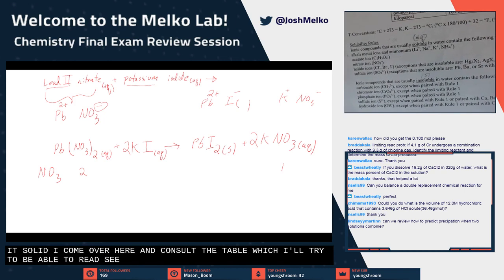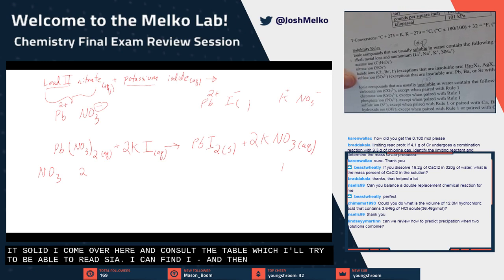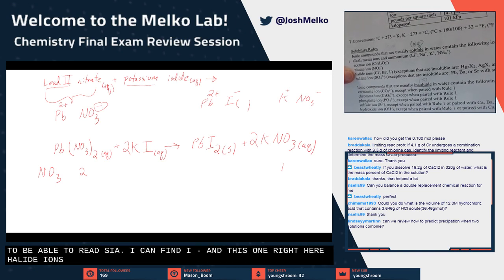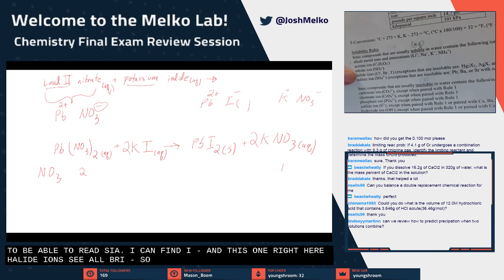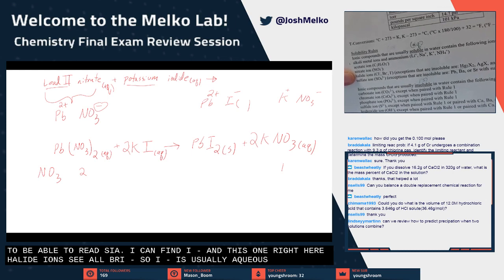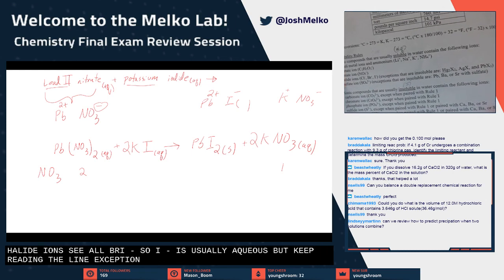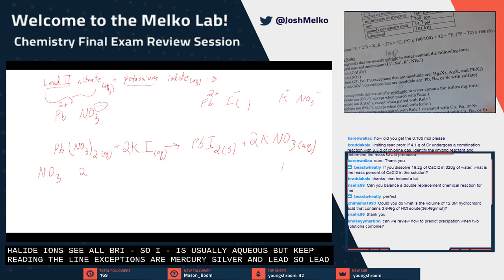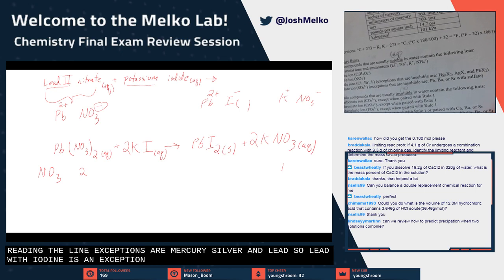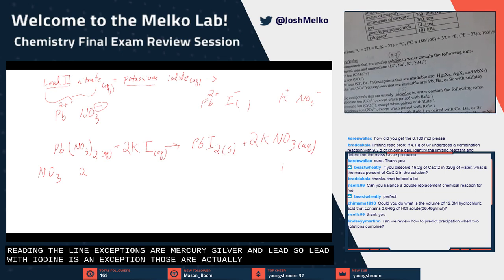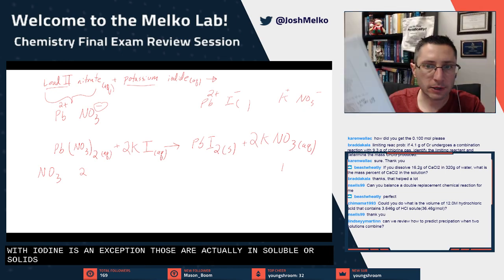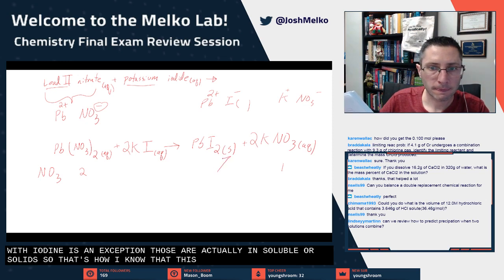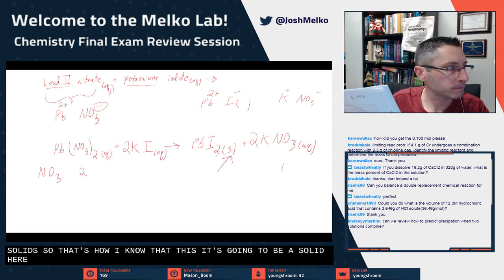Up here I can find I- in this one, halide ions, Cl-, Br-, I-. So I- is usually aqueous, but keep reading the line. Exceptions are mercury, silver, and lead. So lead with iodine is an exception. Those are actually insoluble, or solids.